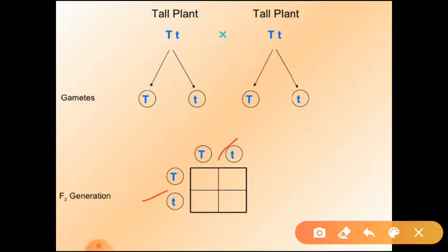Then the possible combinations, that is genotypes, we can write in the subsquares, and below the genotype we have to write the resulting phenotype.